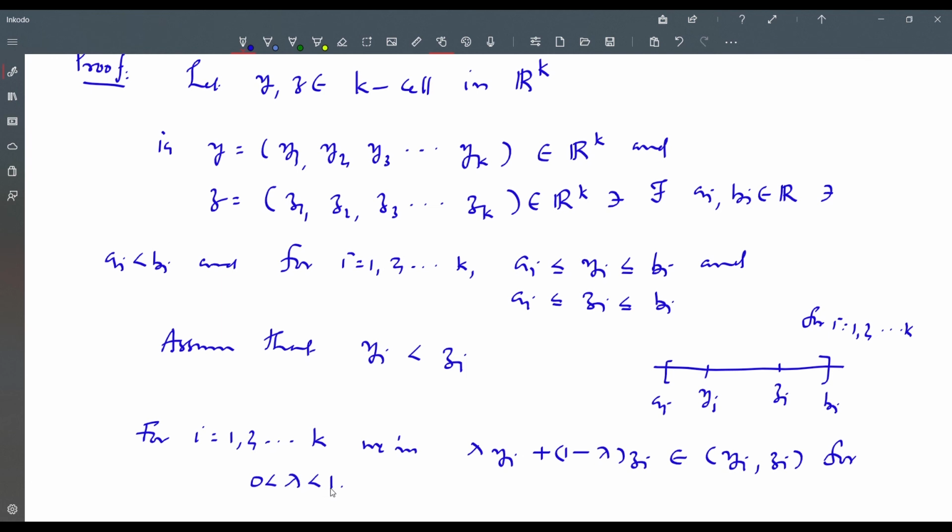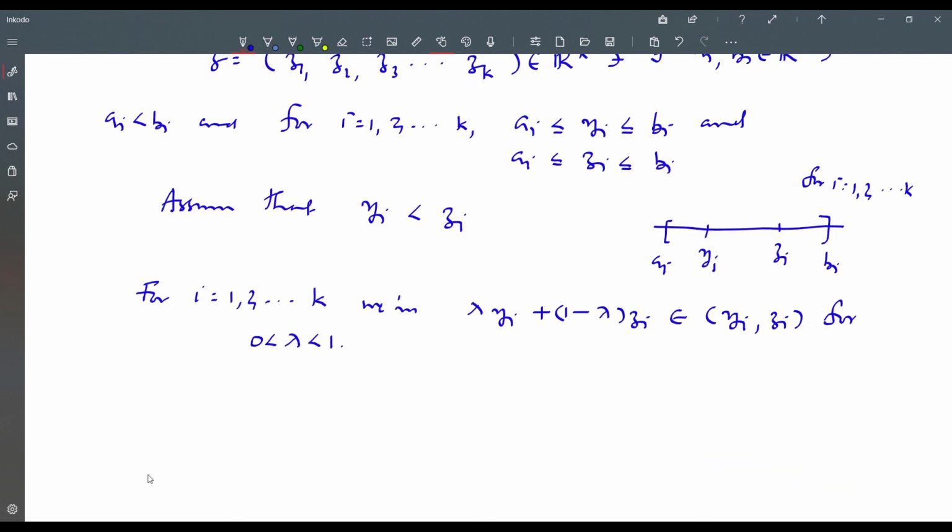So λyi + (1 − λ)zi belongs to the open interval (yi, zi), and the open interval (yi, zi) is actually contained in the closed interval [ai, bi].